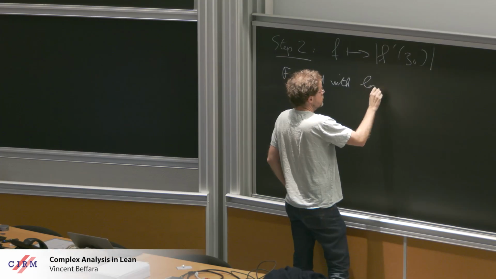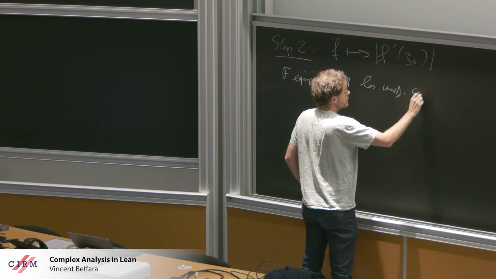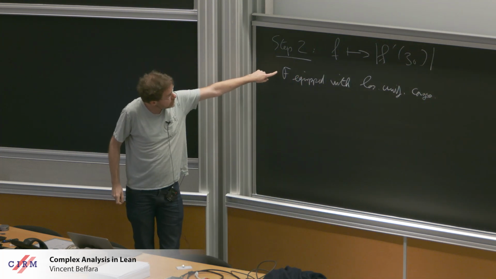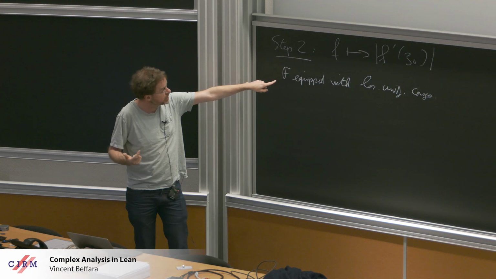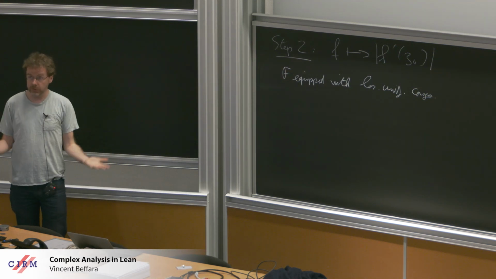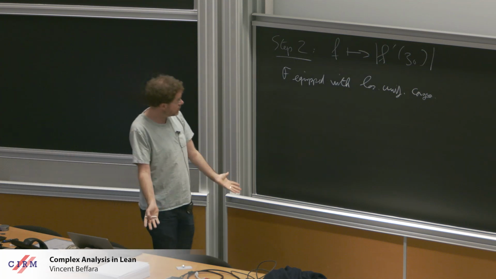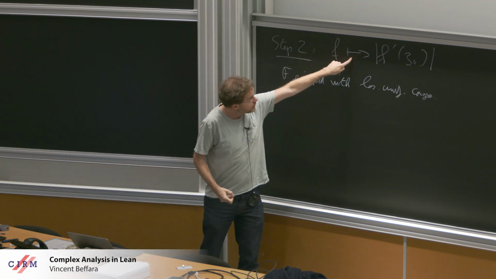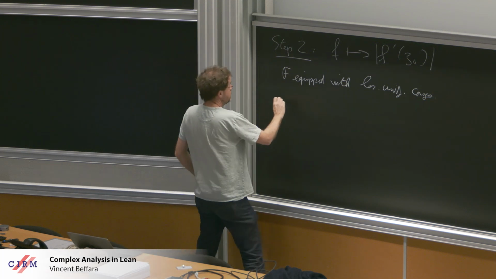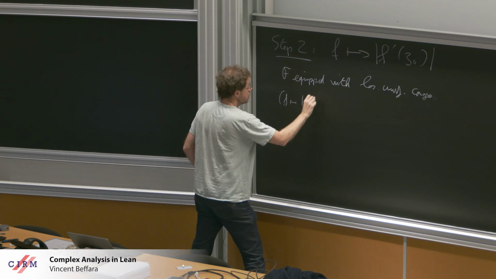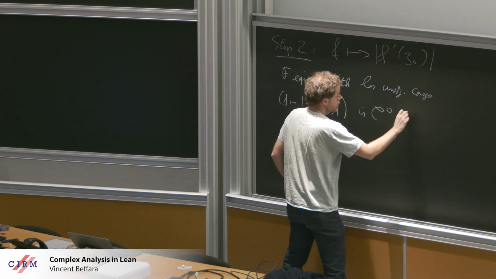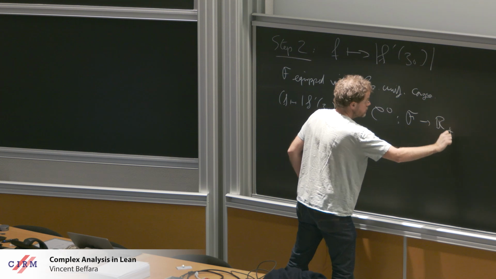So it's locally uniform convergence. Then you know that if you have a sequence of holomorphic functions that converge in this topology, then f prime also converges. That's the Weierstrass theorem. And this tells you that this map is continuous from F to R plus.